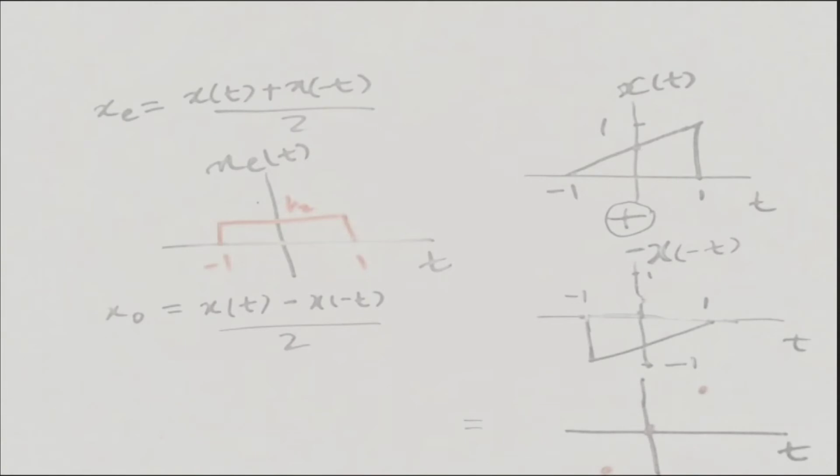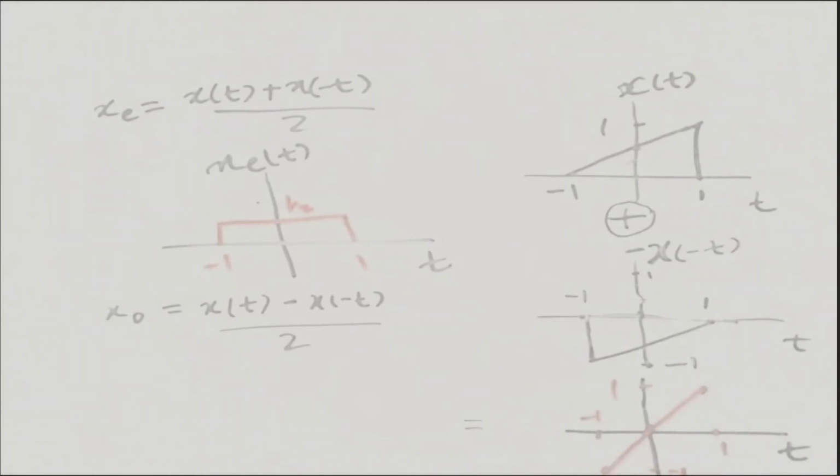Likewise, the slope of this line is plus 0.5 and of this line is plus 0.5, so the total net slope after adding two slopes of 0.5 will be 1. Which means you will be drawing the line intersecting these three points with slope 1. So this is minus 1, this is minus 1, this is 1, and this is 1.